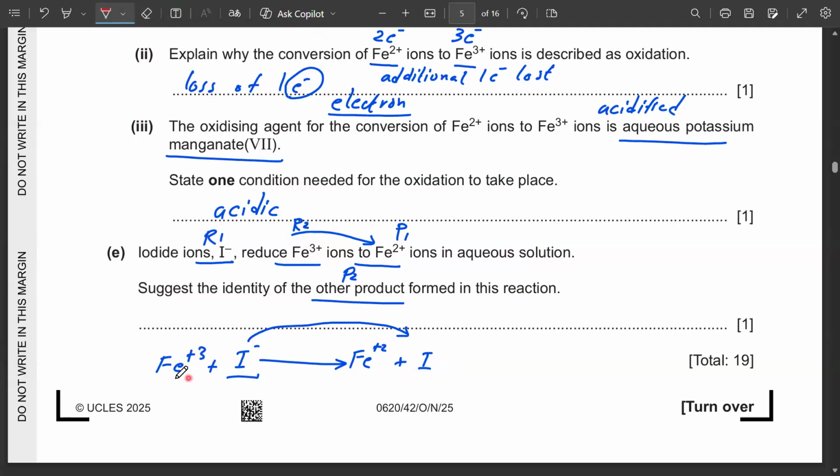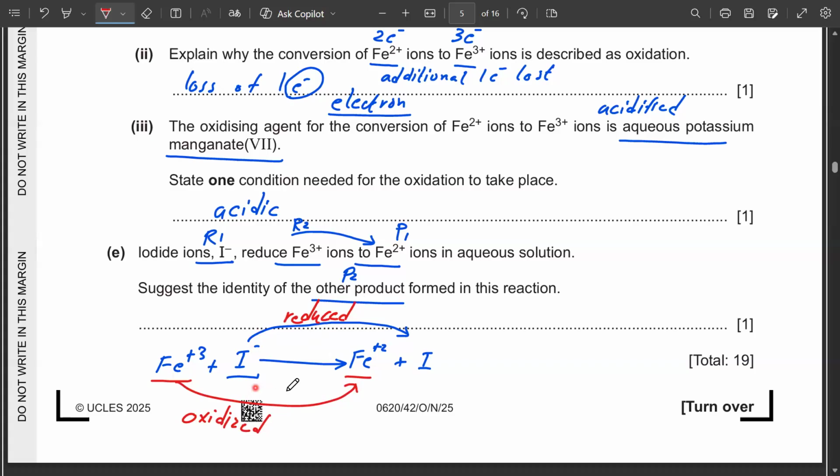Here you remember the iodide is getting oxidized. If it is being oxidized, then definitely iron 3 plus will be reduced. That's a simple logic. It is the opposite of the oxidation. But how must the element be represented?